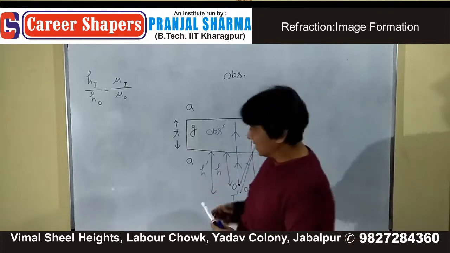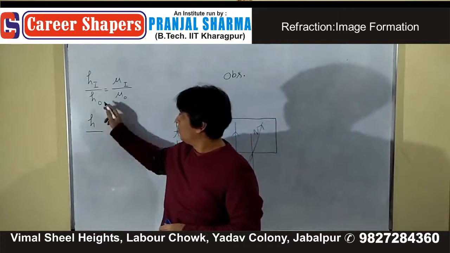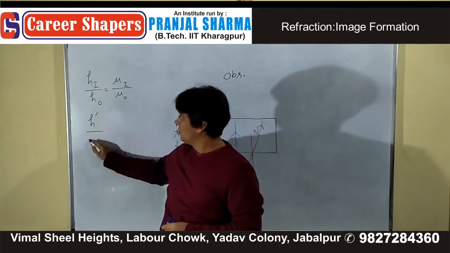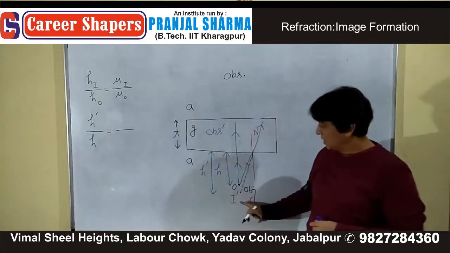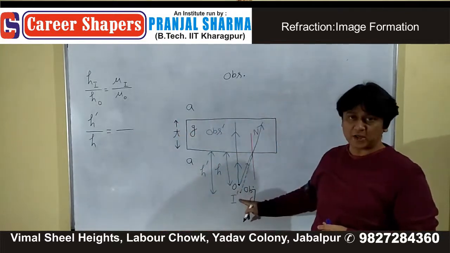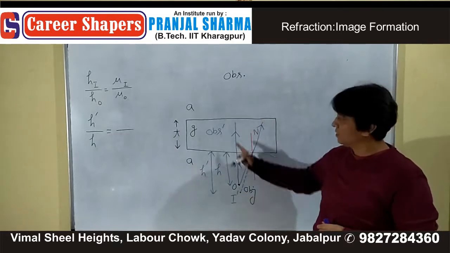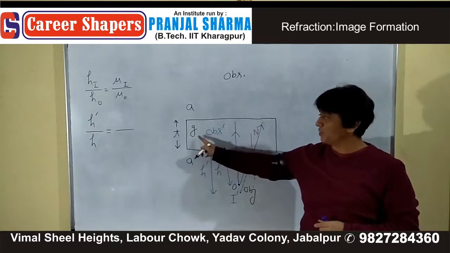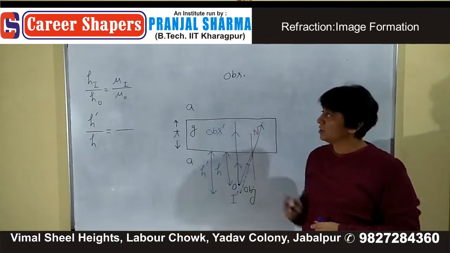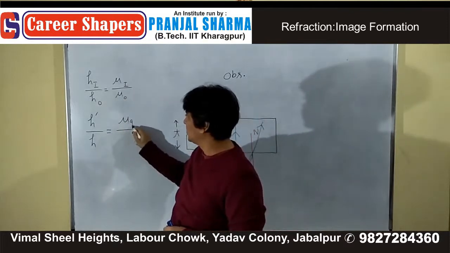What is h dash? Hi. What is ho? H. What is the medium of I dash? The medium of the image is the medium of the observer. Observer dash is in which medium? Glass. And therefore, image formation takes place in glass.